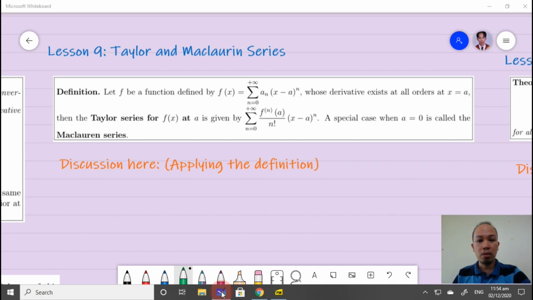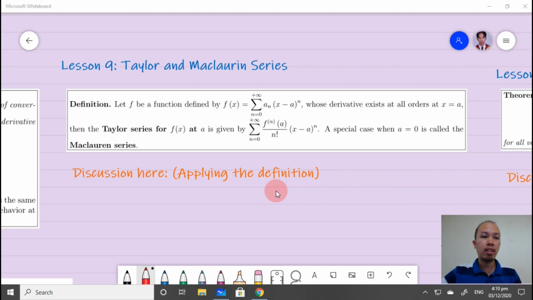As you have noticed in the previous lecture, which is lecture number 8, we derived power series for several functions using geometric series with term by term differentiation or integration. So without further delay, let's start our lesson.